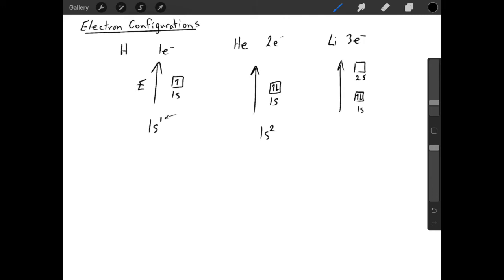And now that orbital is full. We can't add any more electrons to it, so we have to look at the next highest energy orbital, and that's where we put our third electron. And we can represent this as a 1s2, 2s1 electron configuration. And beryllium with 4 electrons is almost identical.